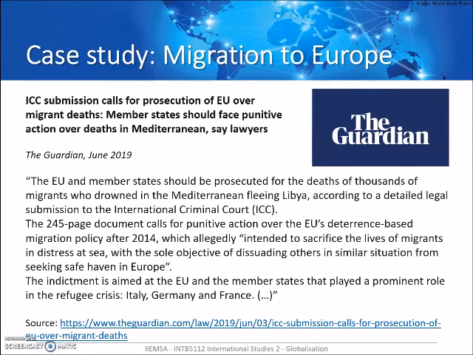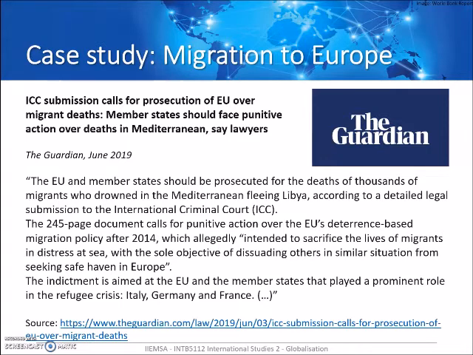The International Criminal Court received a submission that calls for the prosecution of some European countries over the death of the migrants. Basically, this is a court case started to hold member states accountable and to force them to face punitive actions over all the people that have died in the Mediterranean.